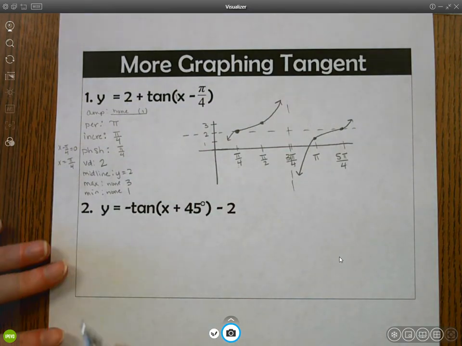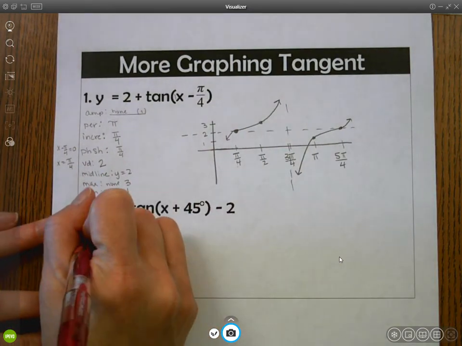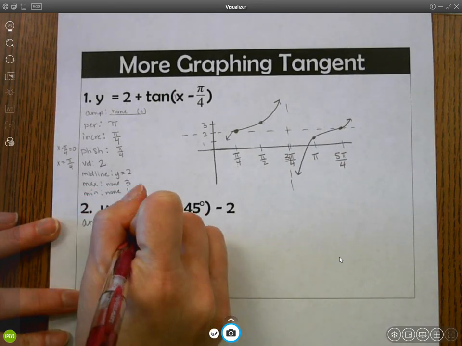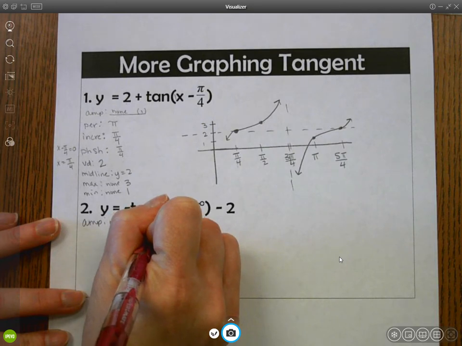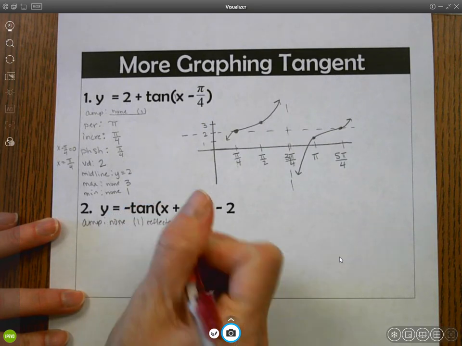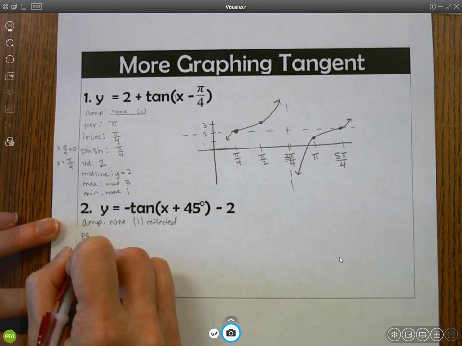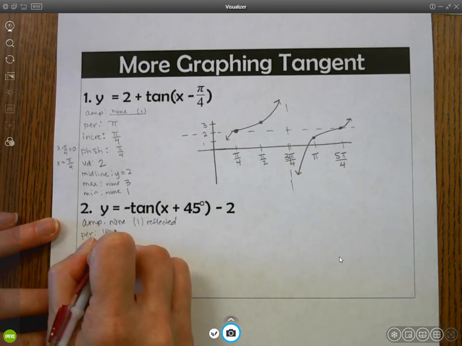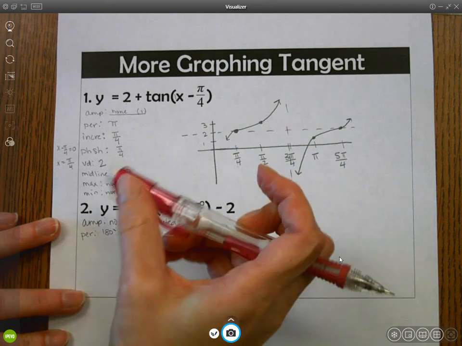Alright, so for another one, we have no amplitude. Remind yourself that it's 1 and reflected. For period, we get to use degrees, so we're going to say 180, and it would be divided by whatever's there, but there's a 1 there.